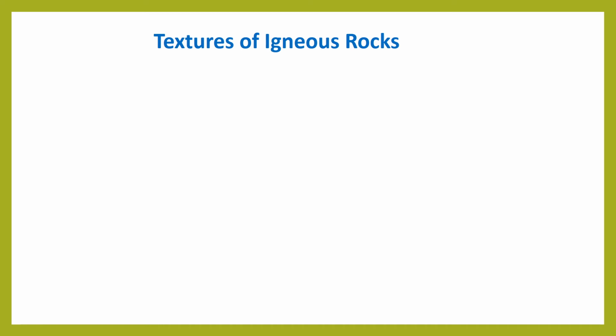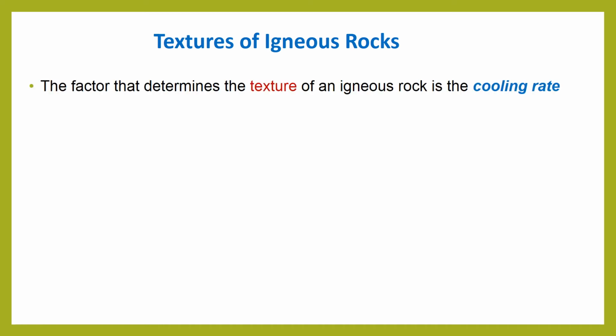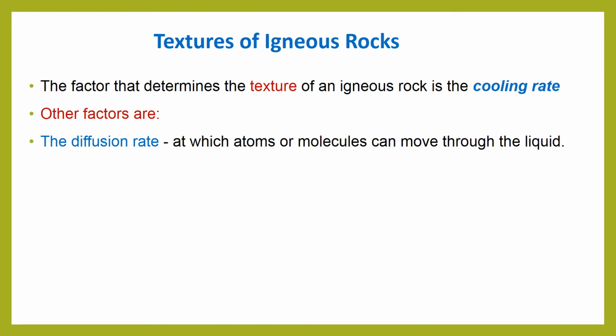Now we will talk about the textures of igneous rocks. The main factor that affects the texture or the fabric of the rocks is the cooling rate. This is the main factor. But is this the only factor? No. We have other factors that also affect the formation of textures.